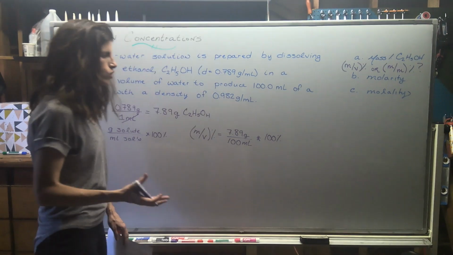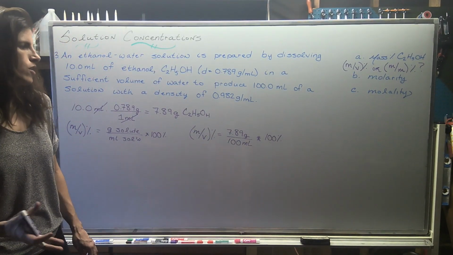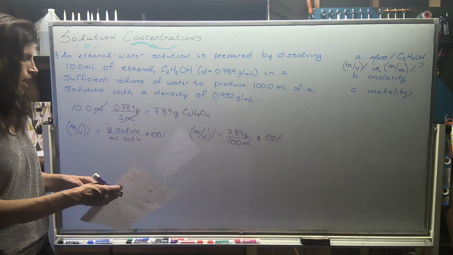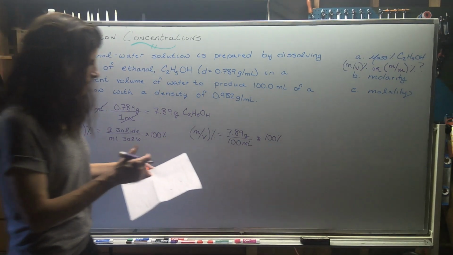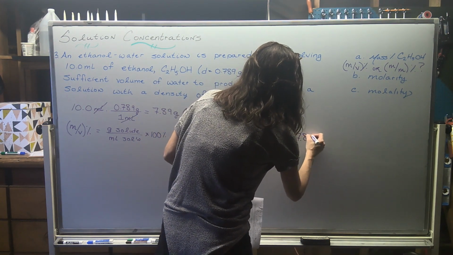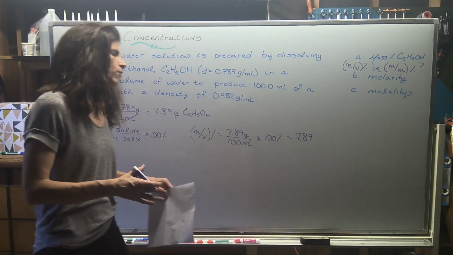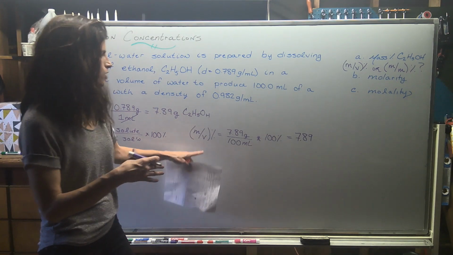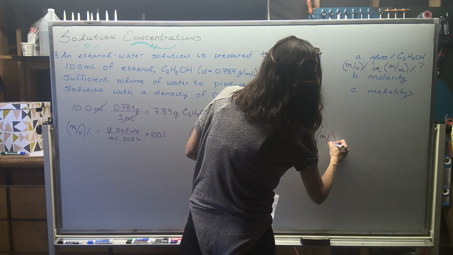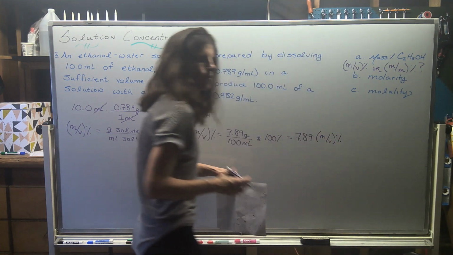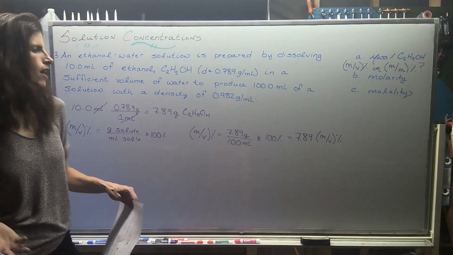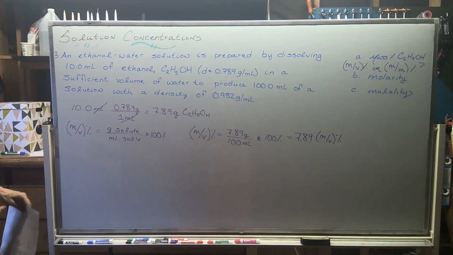I know the units don't cancel, but the only unit at the end of the day when you're reporting your answer will be percent. So 7.89. And if you're doing this type of calculation, I would include as part of my unit M over V percent, just so the reader or whoever's looking at that number knows how you calculated it, right?